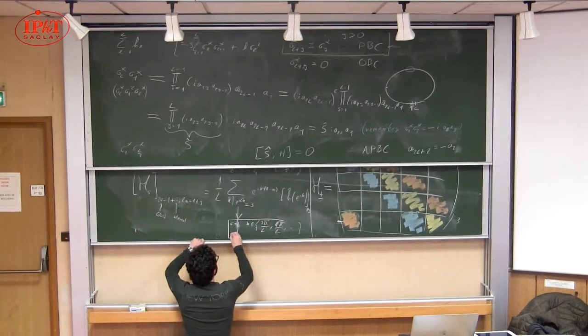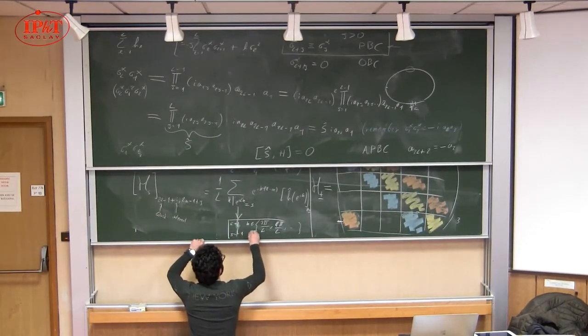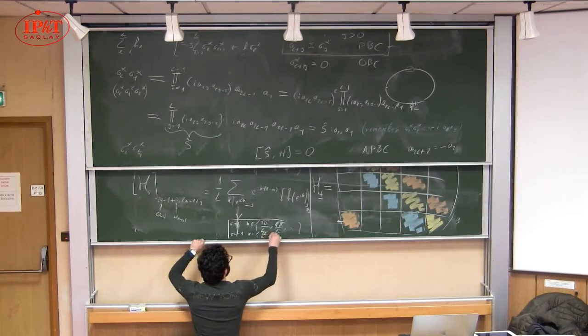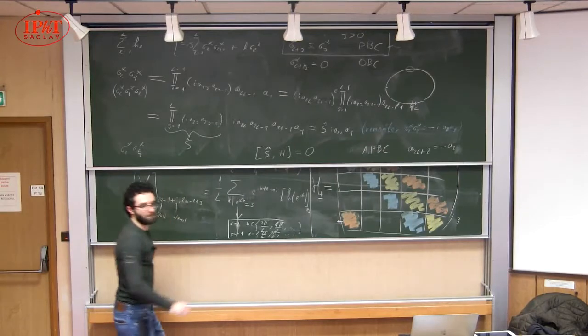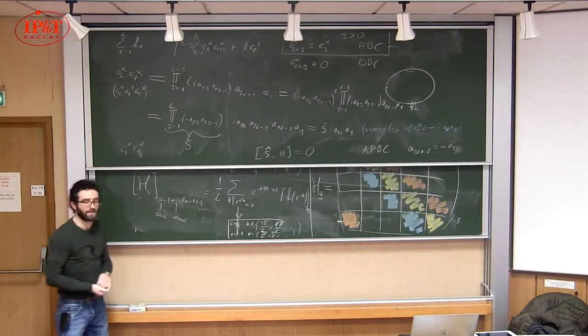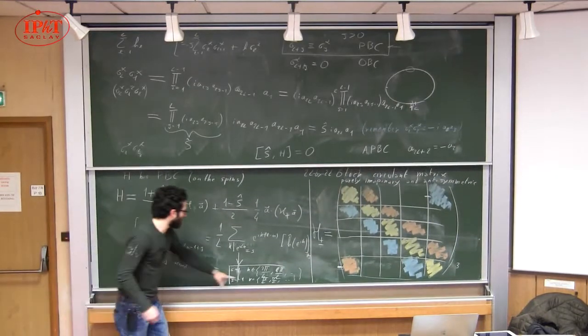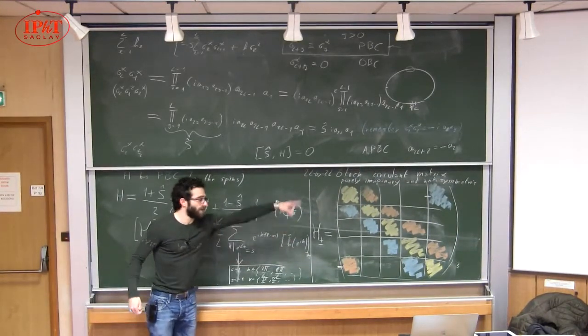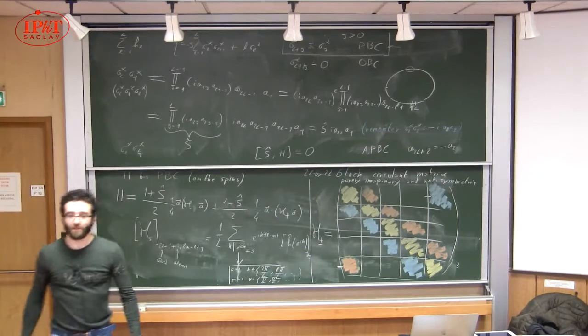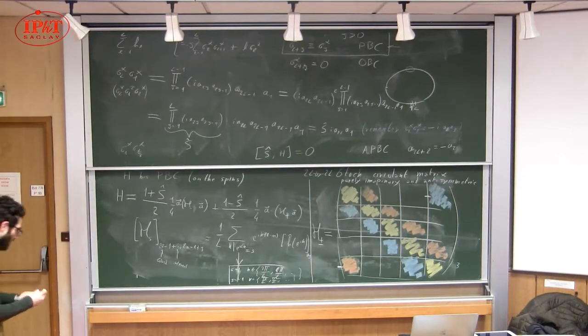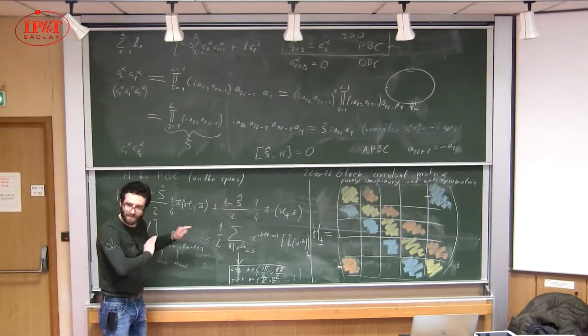If S is equal to minus 1, the momenta are pi over capital L, 3 pi over capital L, and so on. So the only difference is in the set of momenta you have to consider, because these sets are such that they realize the correct boundary conditions. Okay? But nevertheless, the form is exactly the same.